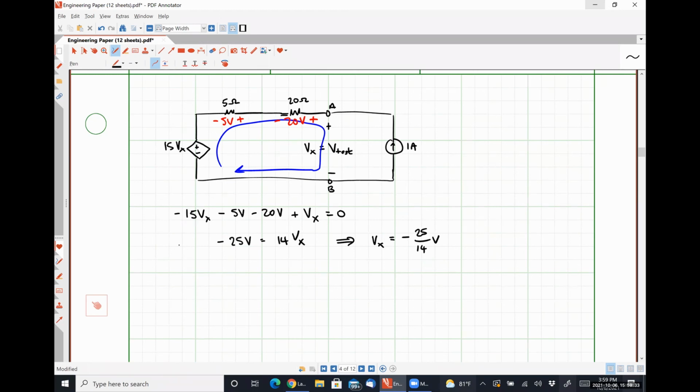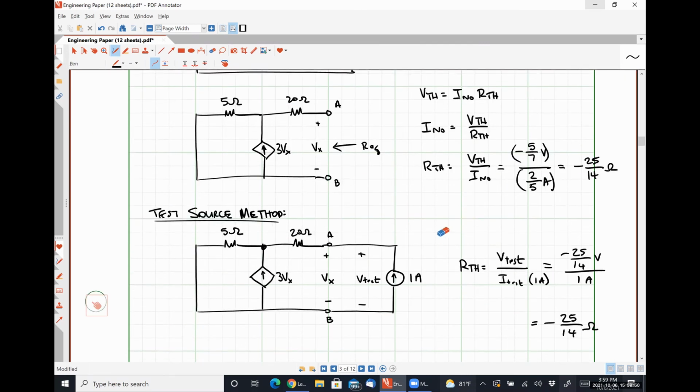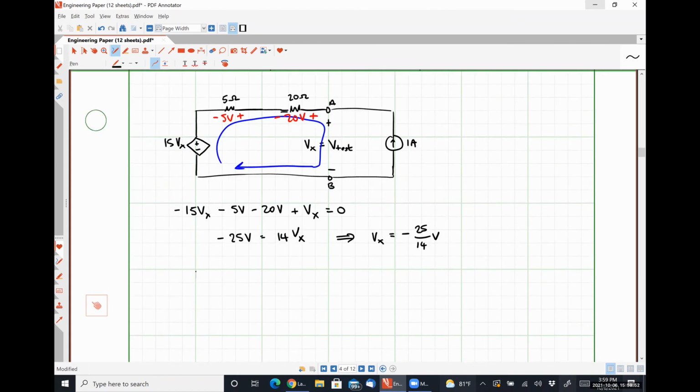Let's look at a voltage source, a test voltage source in this case. Oh, sorry, we didn't have a 15Vx source to begin with. My apologies. So what did we have? 5 in parallel with 3Vx.